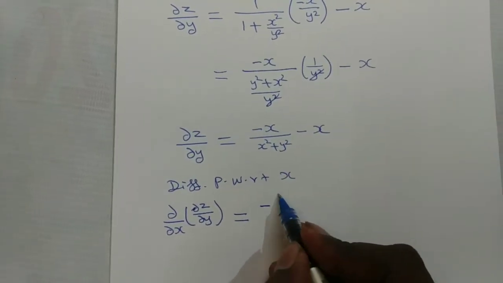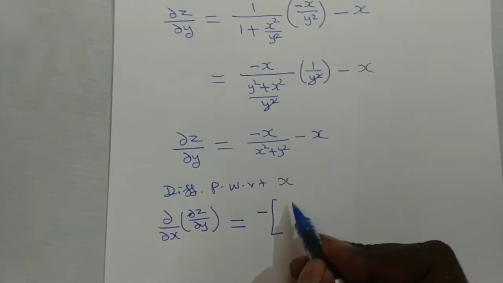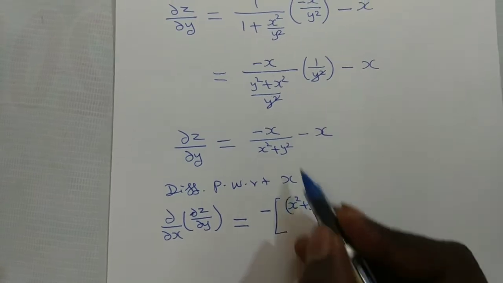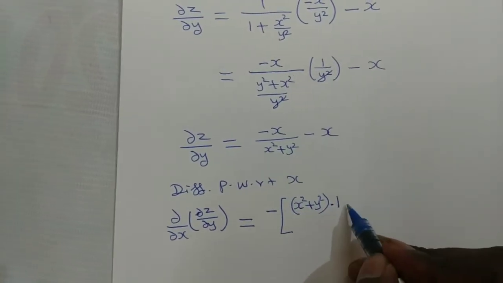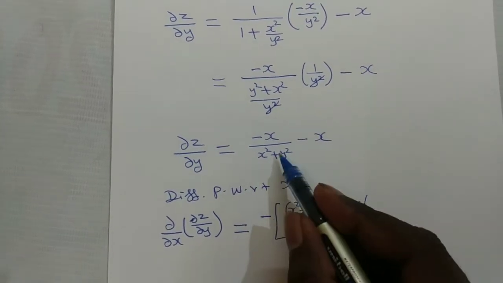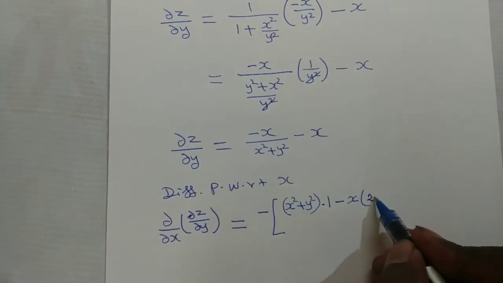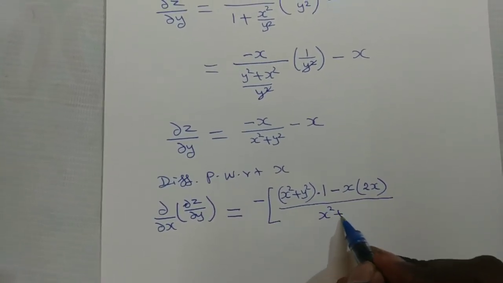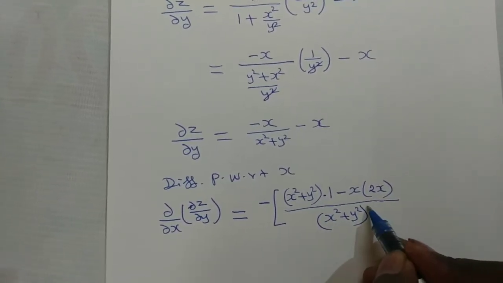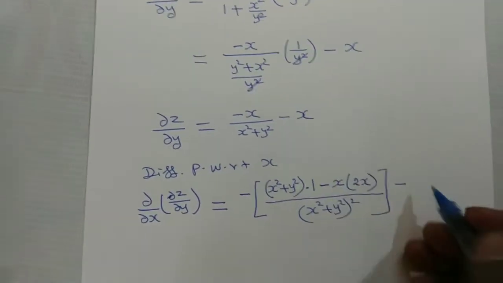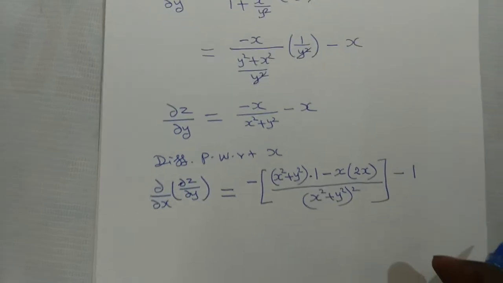Take minus outside, apply the u by v formula: v into differential of u, x differential is 1, minus u into differential of v, the denominator differential with respect to x is 2x, by denominator v square. So the u by v formula over, minus x differential is 1. So the differential part over.